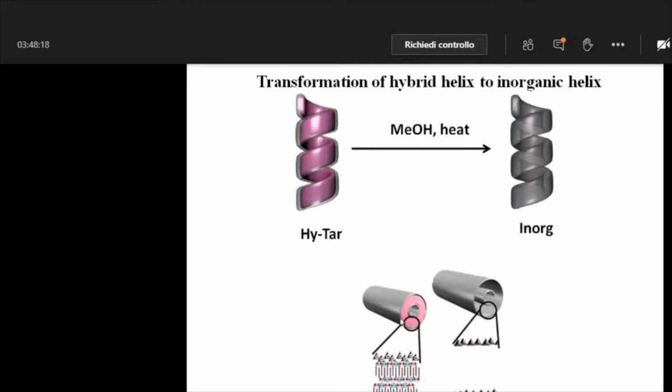So you have the organic content, the pink color material between the silica walls, and upon treatment with hot methanol, you can retain the silica structure and remove the organic. The whole idea was, if we can prepare this inorganic structure and then combine it with the monoconjugate, we could see if it still shows the CD properties.